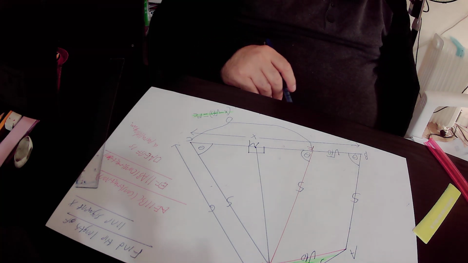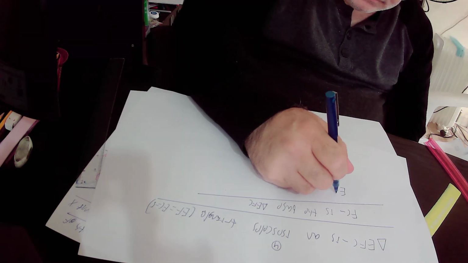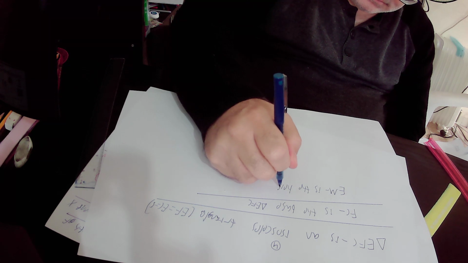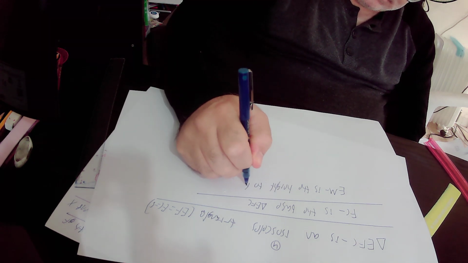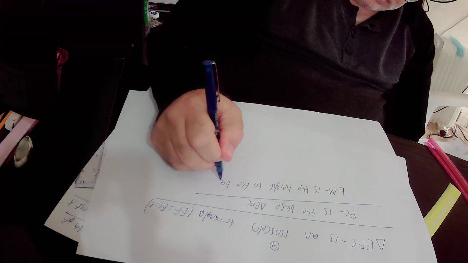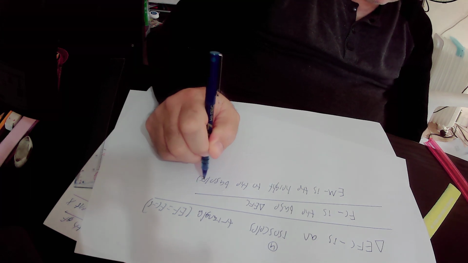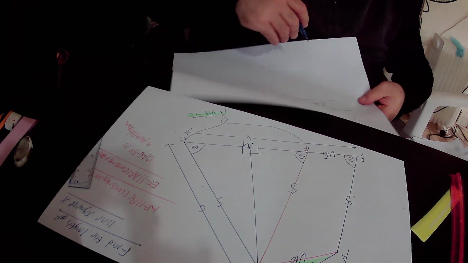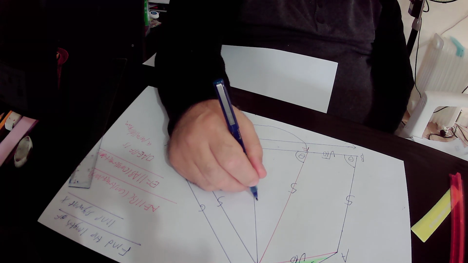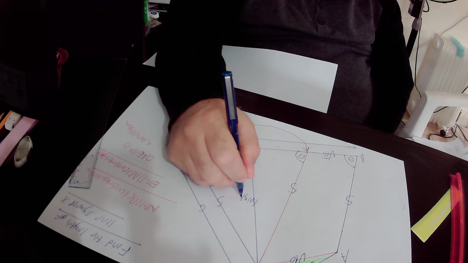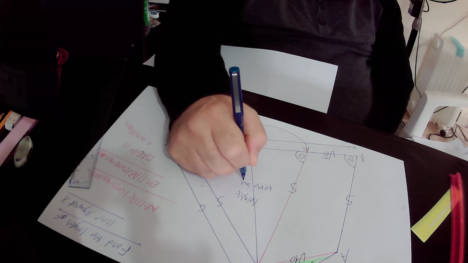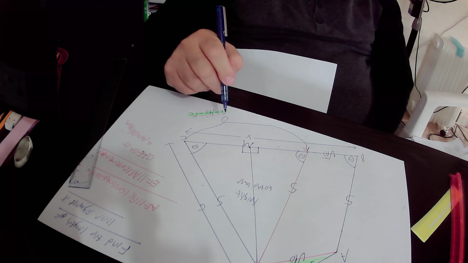So, write it down: EM is the height to the base, and the base is actually FC.